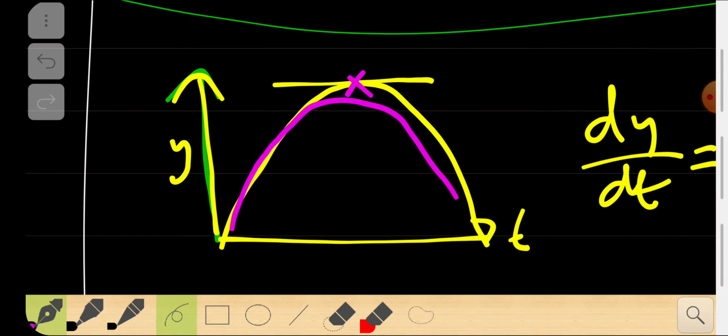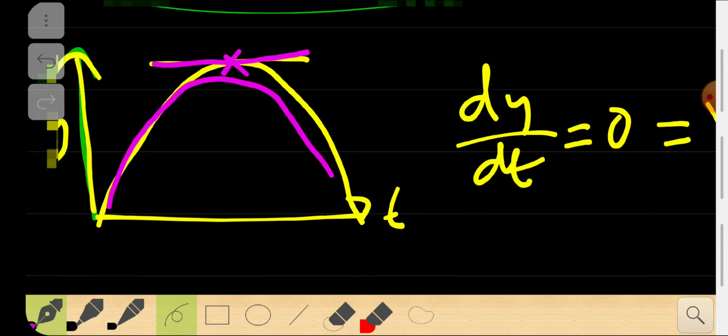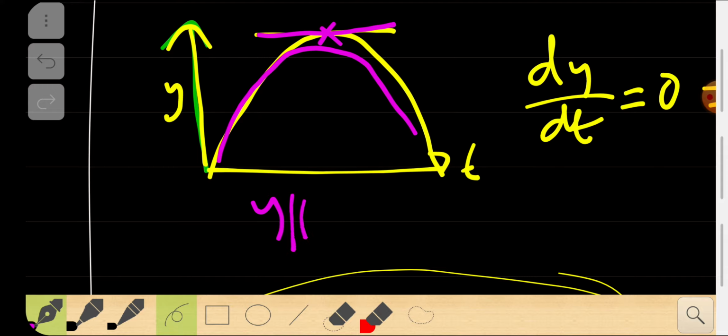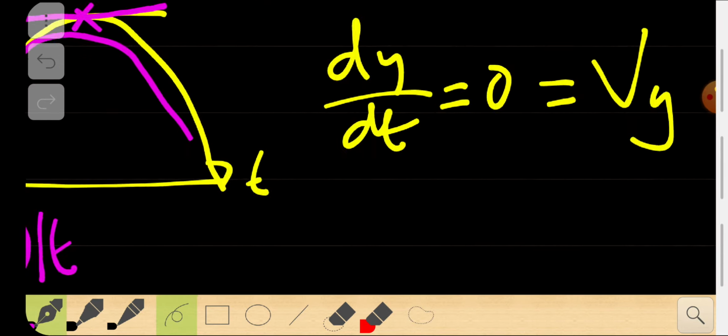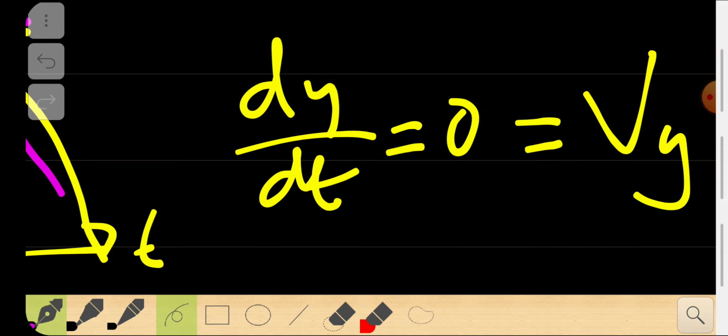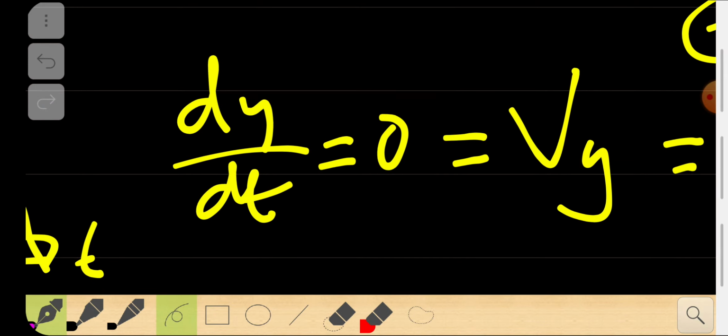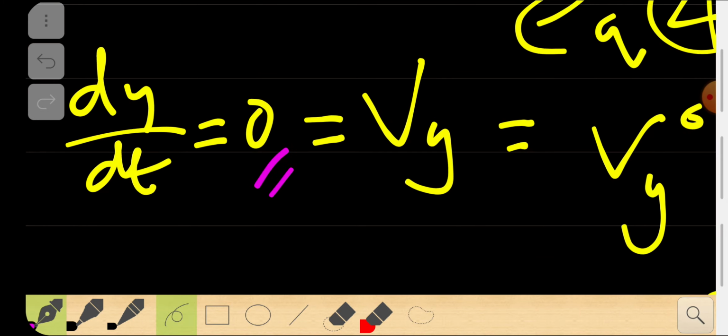The slope will be dy by dt, the ratio of y by t, and for a small part it will be dy by dt. We have done this earlier. Anyways, that will be equal to 0.